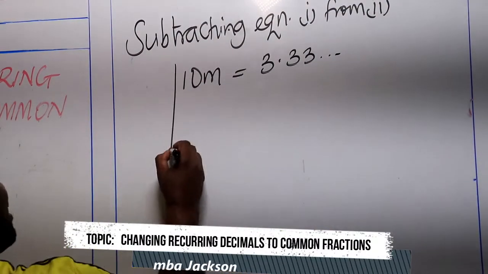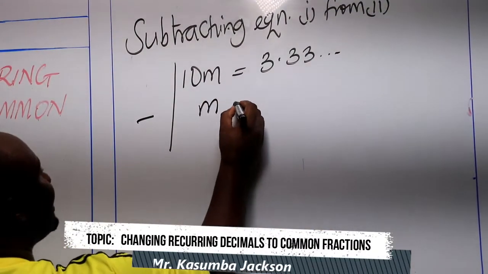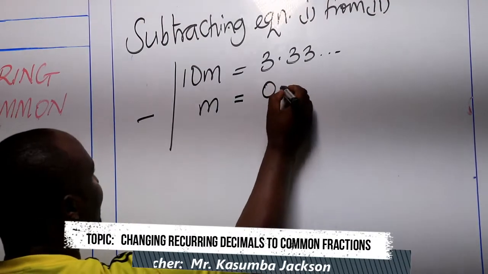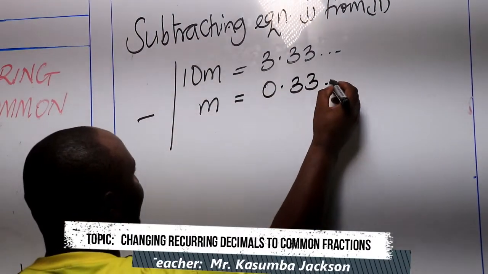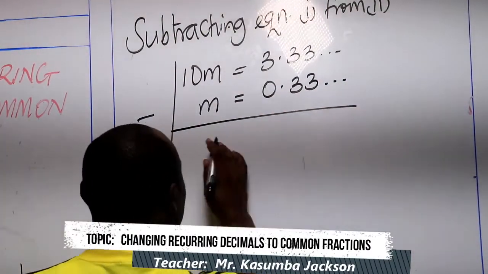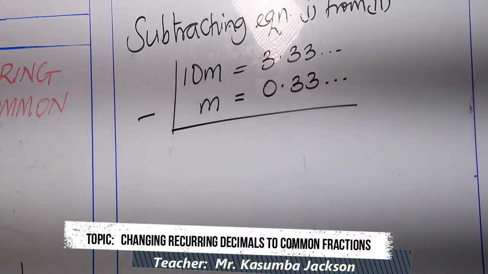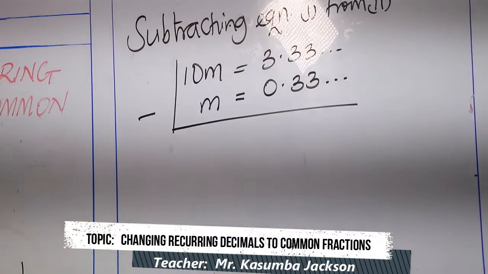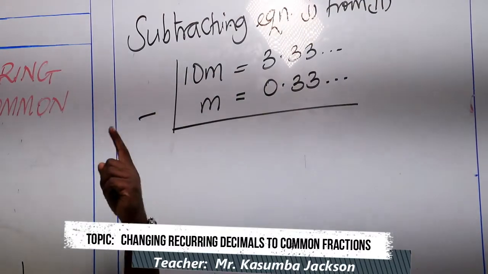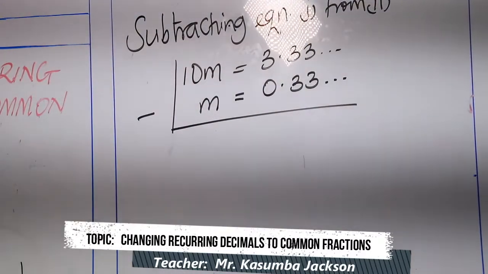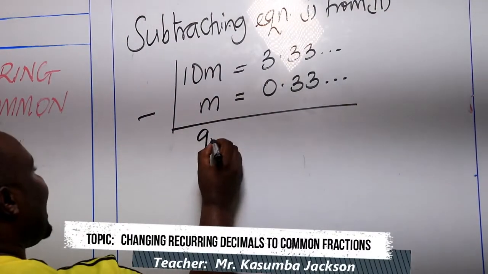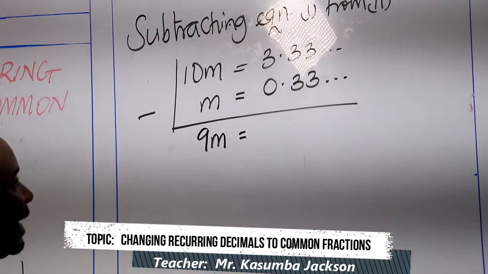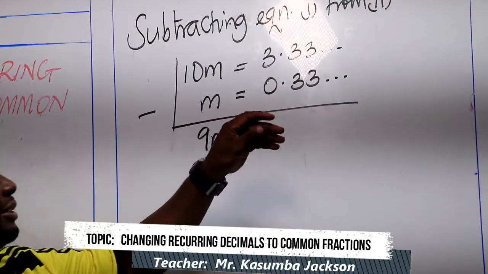We are taking away equation 1, which is m, being equivalent to 0.33, also recurring. So when we are subtracting here, you will note that this side we have 10m, we are taking away only 1m. When you subtract 1m from 10m, you are bound to remain with 9m. Then we can also subtract normally.